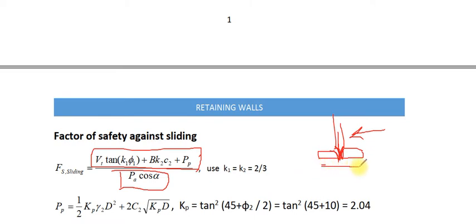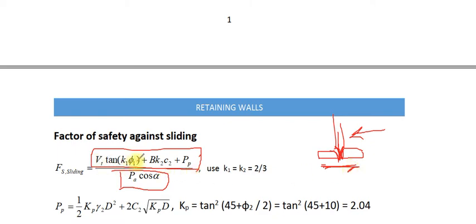Here it gives us a resistance friction that tries to resist this force. As V total, the weight of the retaining wall, increases, the friction force also increases.